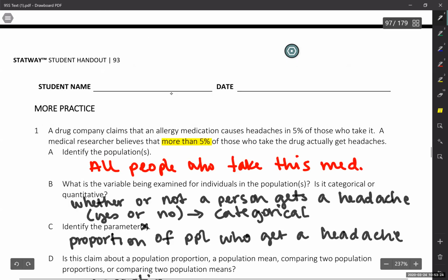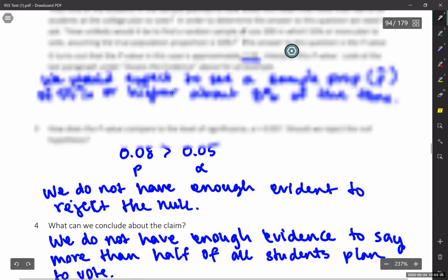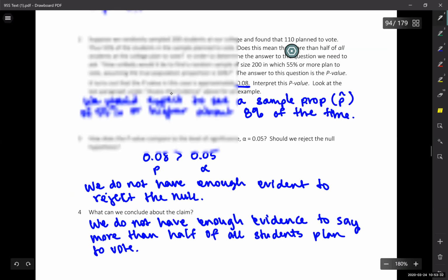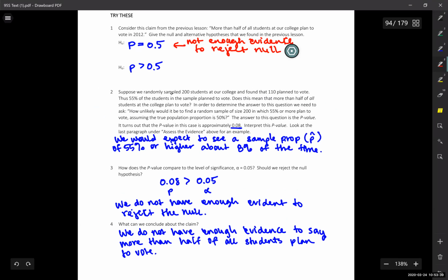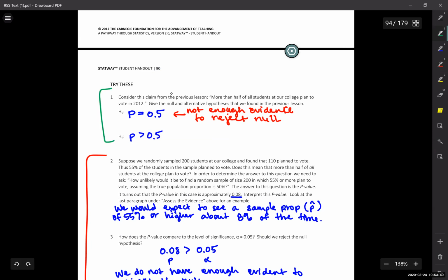This one was just an introduction to what we're going to be seeing in 9-4, but we will be practicing this part of the hypothesis testing in a lot more detail. So what I want you to focus on now in section 9-1 is this part, and this will be discussed a lot more in 9-4.